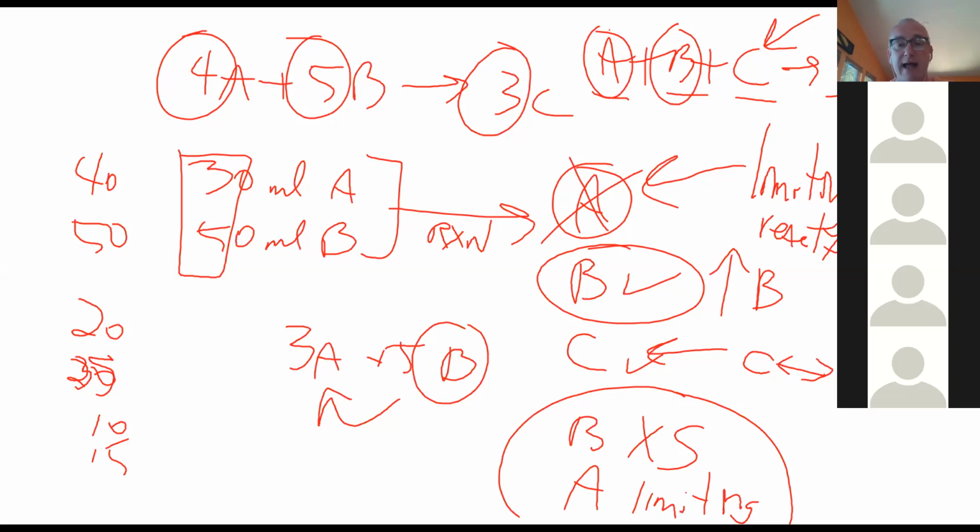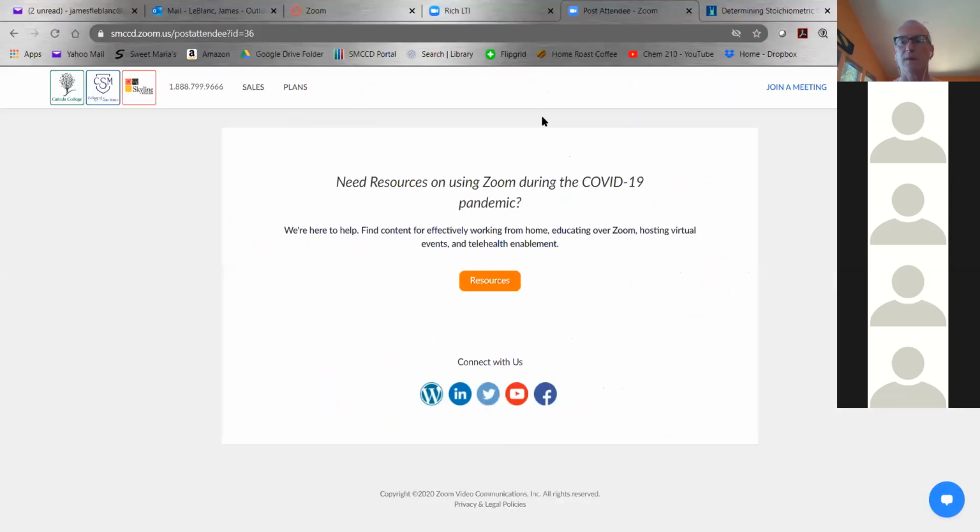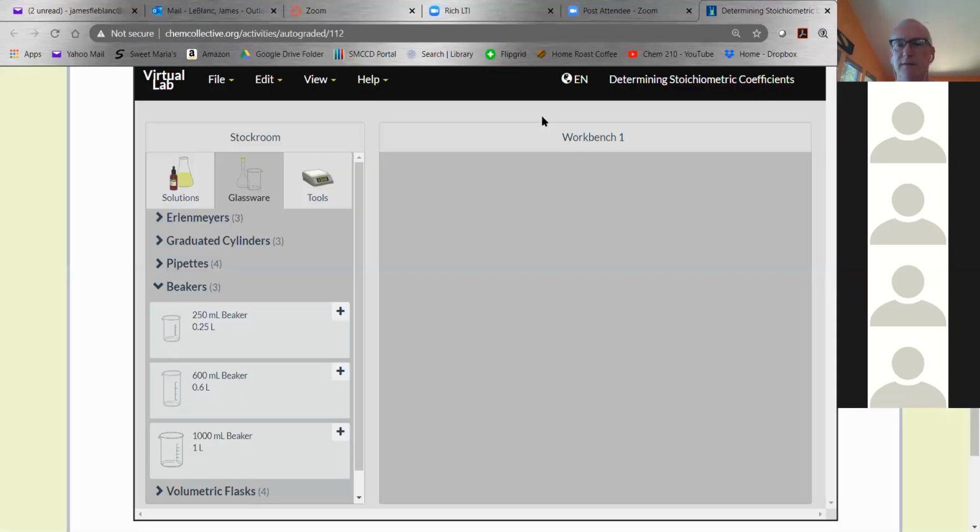Okay, should we take a crack at it and see what happens? Yeah, let's just play with it. All right, so let's share the screen. Can everyone see the virtual lab screen at this point?